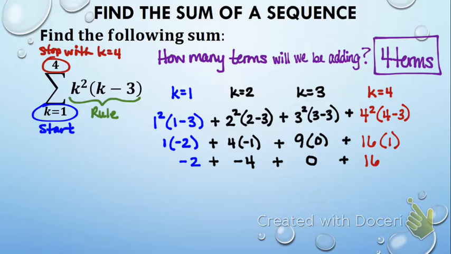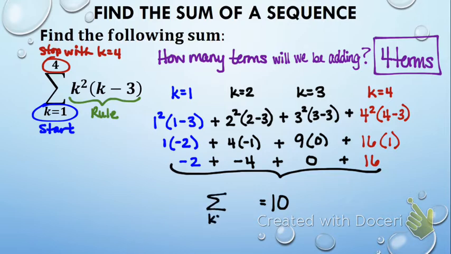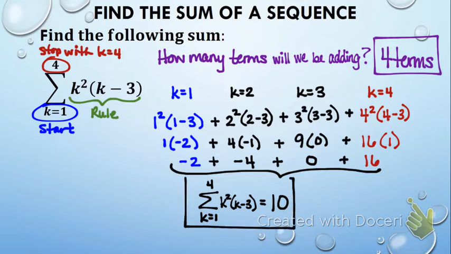How much? 10. All right, so there's our sum, our first partial sum.